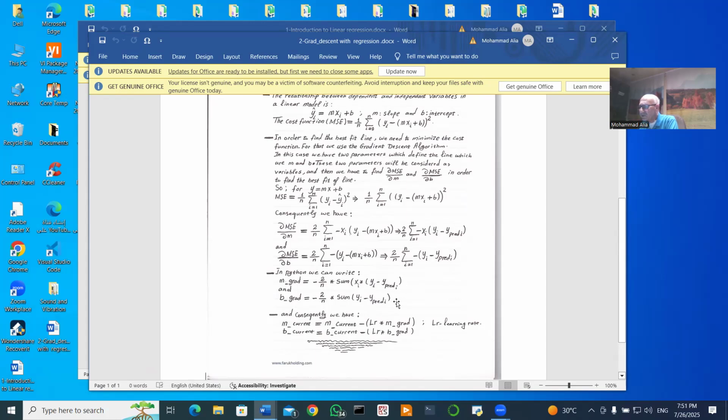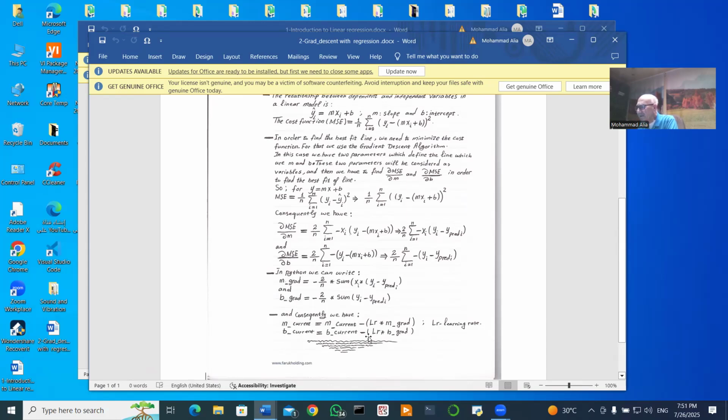And now, as you remember, in gradient descent we usually multiply the gradient of m by the learning rate, which is a fractional and very small value, and we subtract this value from the current value to get the following value, and we do the same for b.